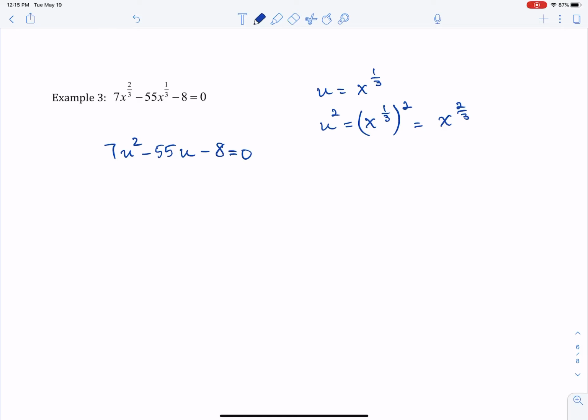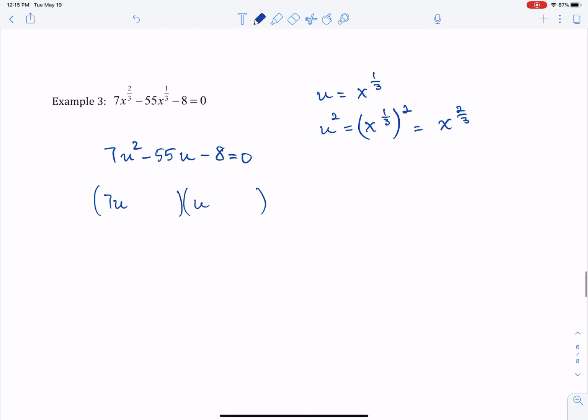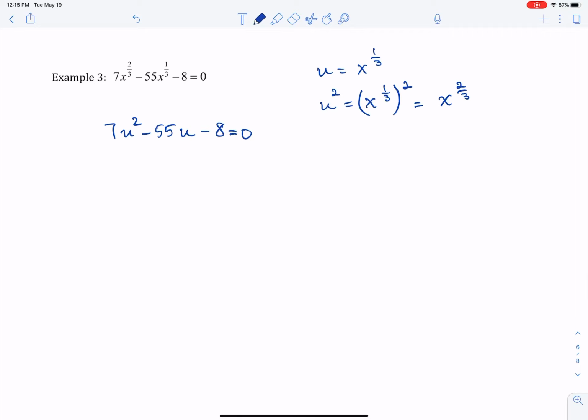Now factoring this type of equation is more complicated, because we have to consider multiples of 7 and multiples of 8. So multiples of 8 are 1 times 8, 2 times 4, and of course they can be switched from the first to the second parentheses. So generally it's more challenging. So I suggest, and let us practice that for once, using the quadratic formula.